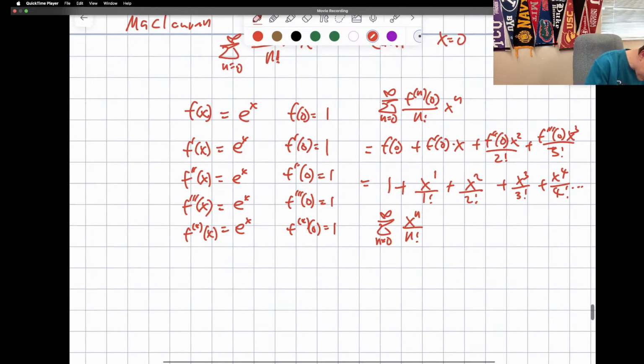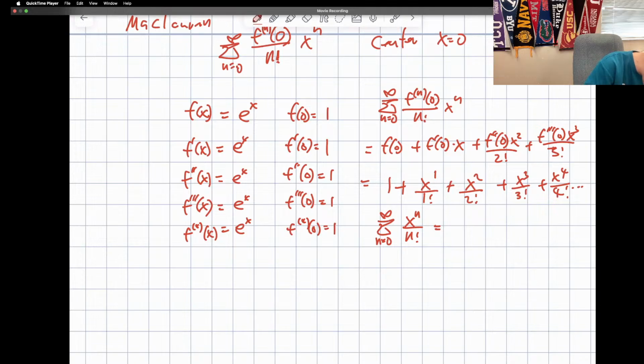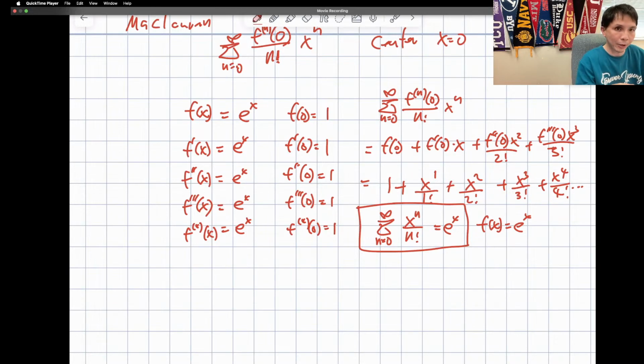So what it's saying is this is the same representation as f of x equal to e to the x. If it goes an infinite amount of time, that's going to look like that. Okay, so what you're supposed to do is the ratio test of this. Can you do the ratio test of this for me?